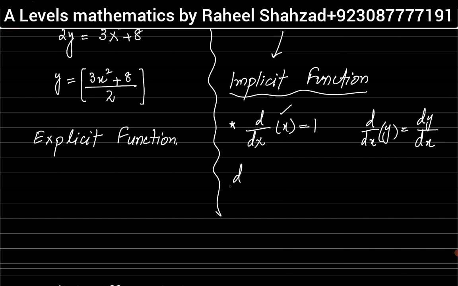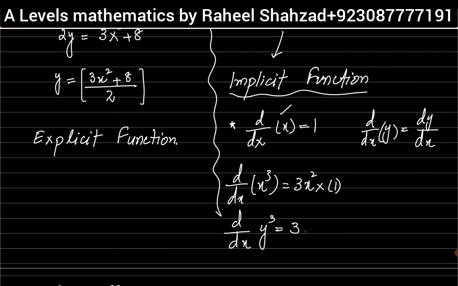For example, differentiating x cubed gives 3x squared into the derivative of the base, which is 1. But if I am asked to find the derivative of y cubed, it remains 3y squared into the derivative of the base, that will be dy by dx.